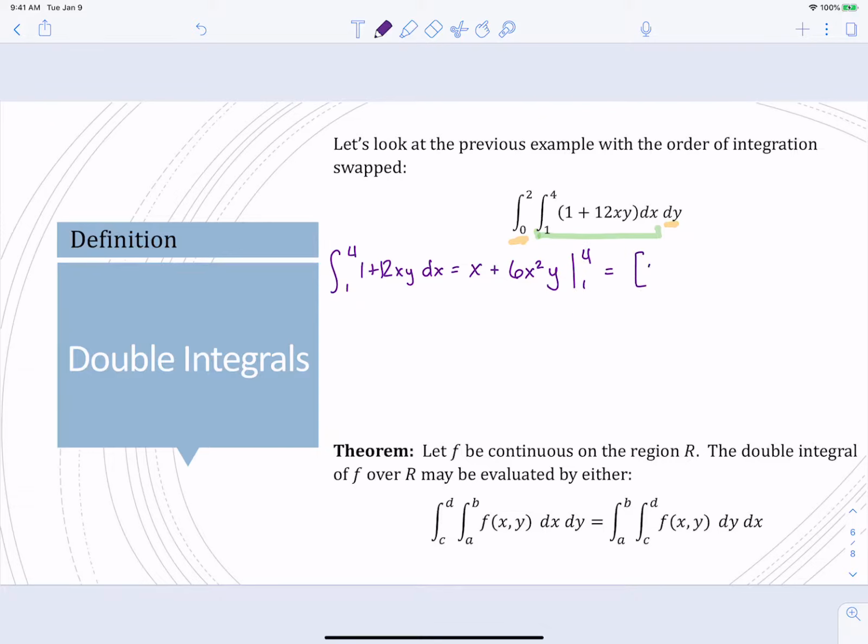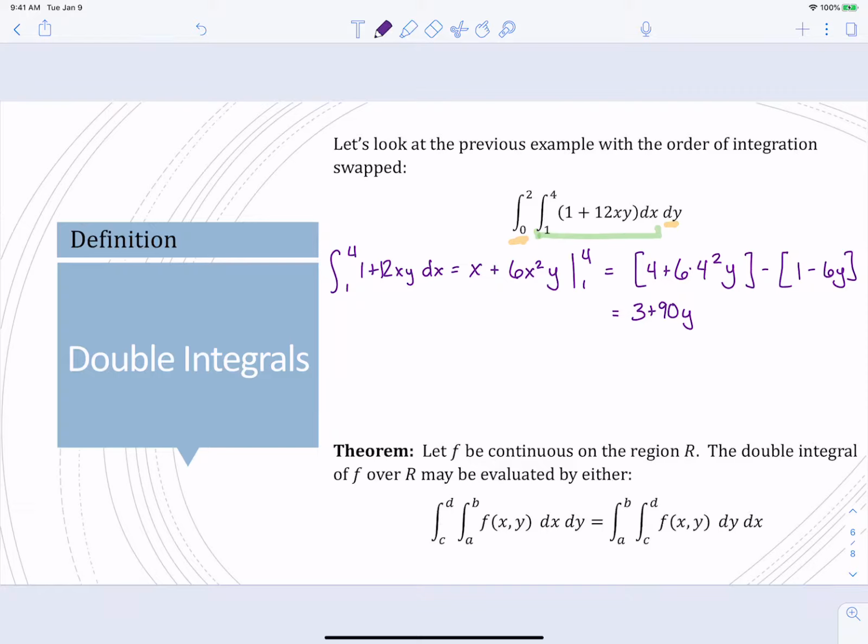We're going to plug in 4, and then we're going to plug in 1. And when we combine our like terms and all of that goodness, we are going to get 3 plus 90y. I'll let you simplify that and make sure that I'm correct there, but I'm pretty sure that I am.